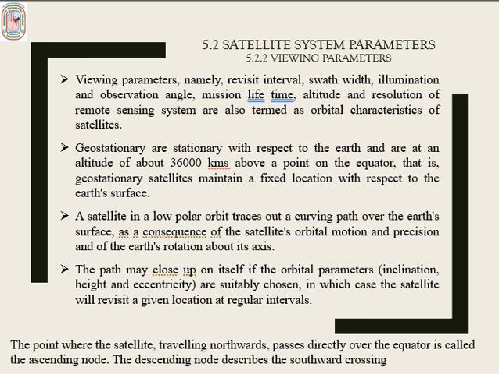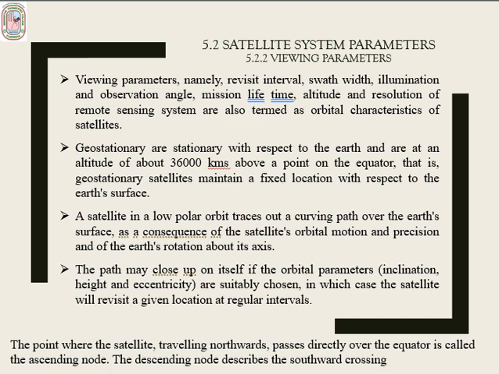So, the next one is the viewing parameters or orbital parameters. Influenced by both sensor design and satellite orbit, the following parameters are considered important viewing parameters. One is the revisit interval, which is the frequency of return to the same area.